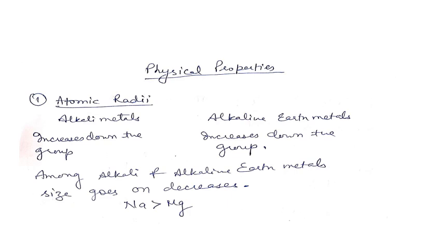So the alkaline earth metal has a smaller size than the alkali metal. Here is the example: sodium and magnesium. Sodium is an alkali metal and magnesium is an alkaline earth metal. So the atomic size of sodium is greater than magnesium. That is one of the properties we can understand.